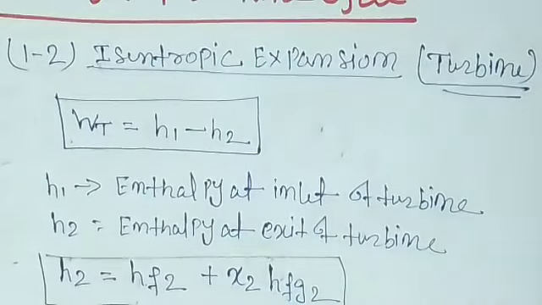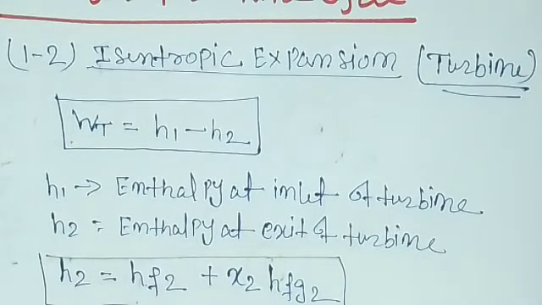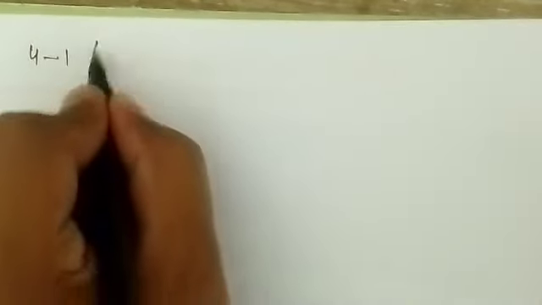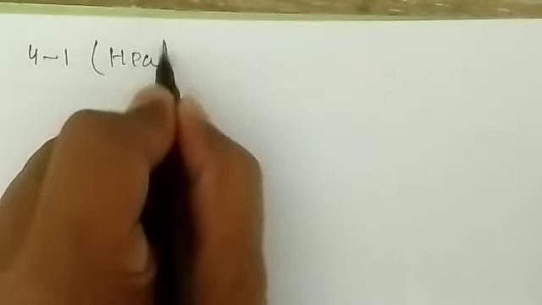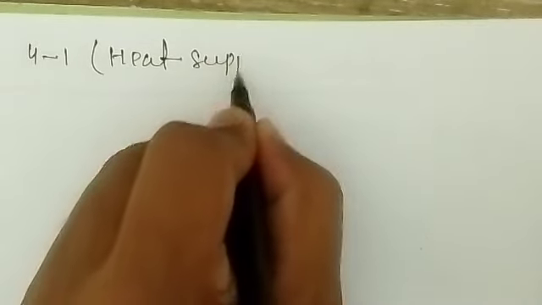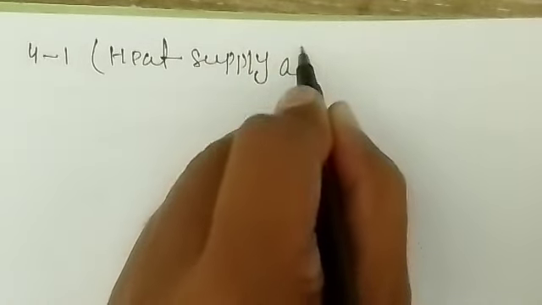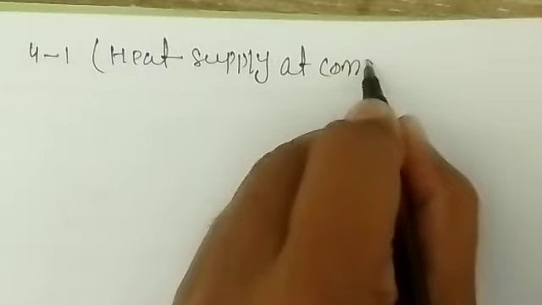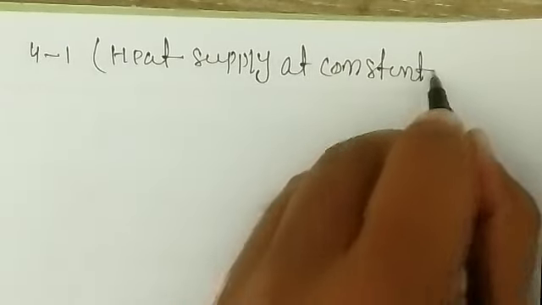Next, then we have to finally find out the heat supplied, right? So heat we will supply in the boiler, that is from 4 to 1. So the next process is 4 to 1, that is heat supply at constant pressure, right?